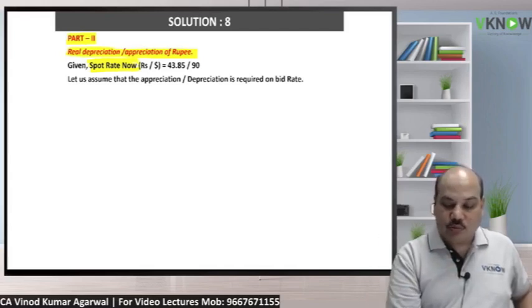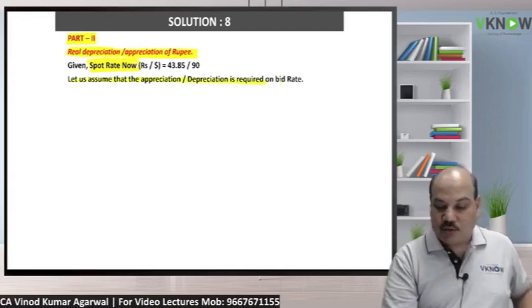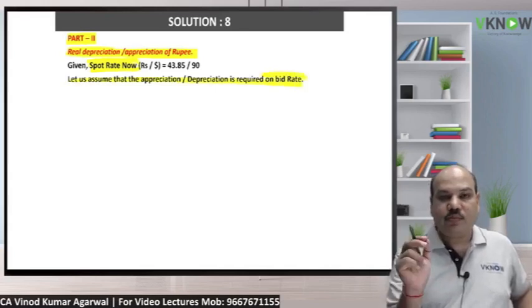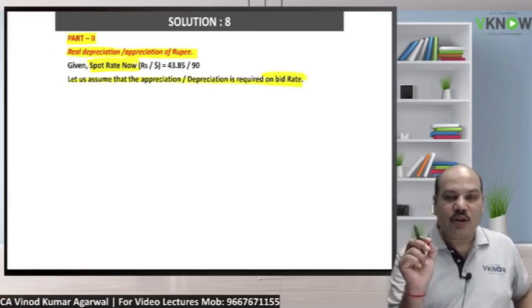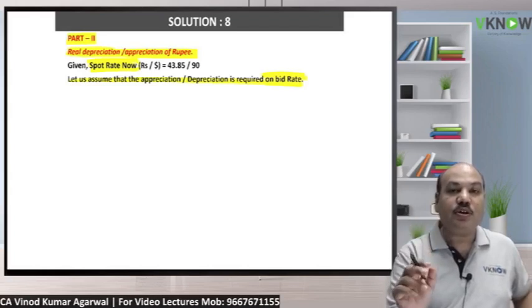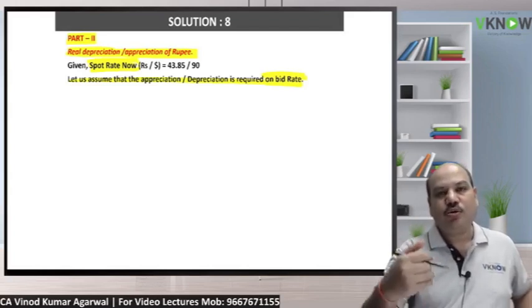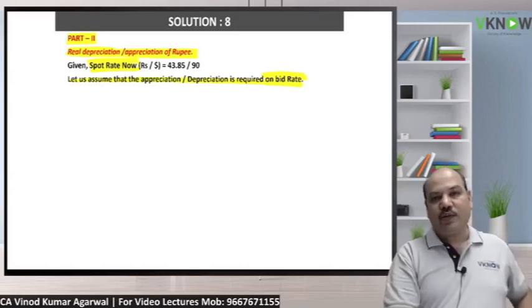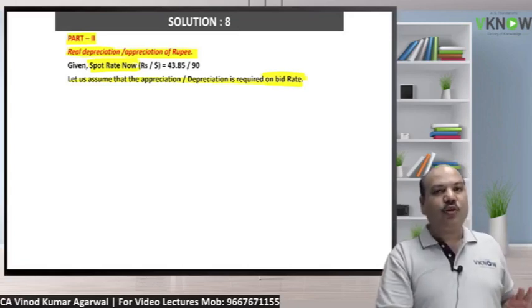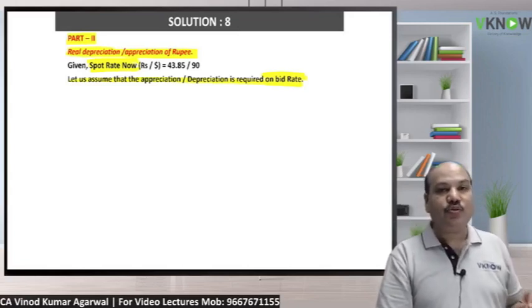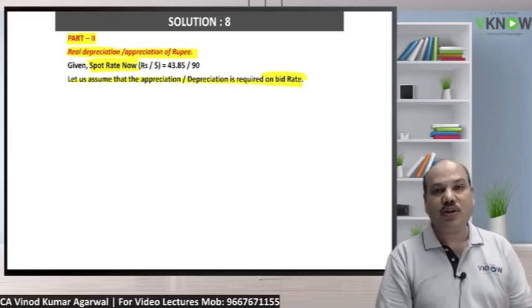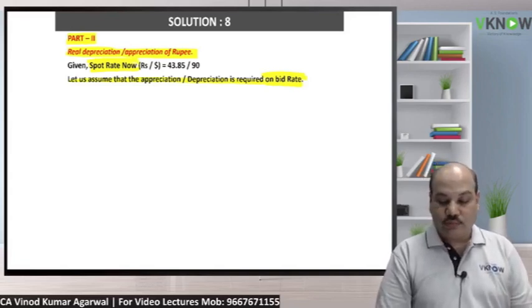So we will assume, based on the institute's answer, that they are interested in the appreciation or depreciation in bid rate, although you can apply the same logic to ask rate also. So I will solve for bid rate. Interested students can do the same thing for ask rate on your own.